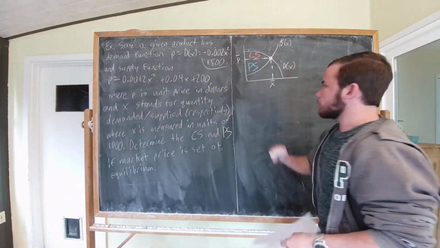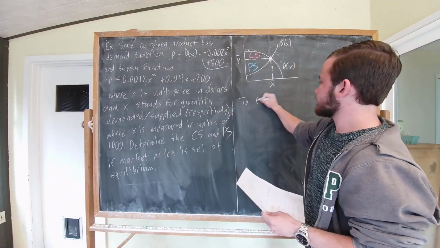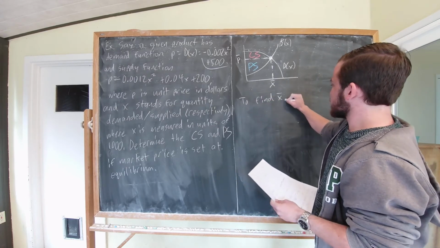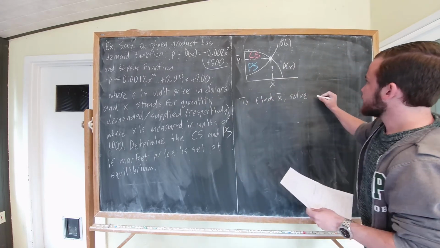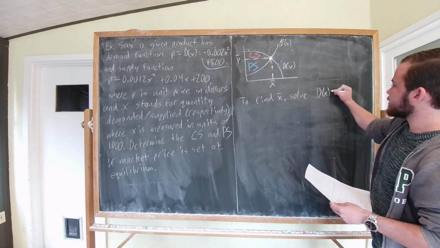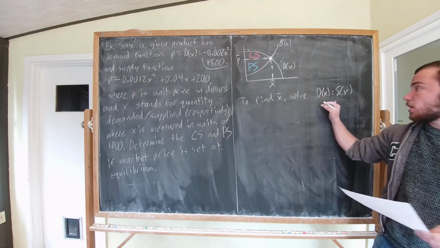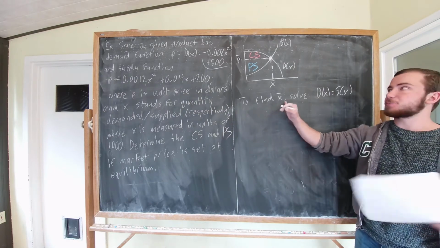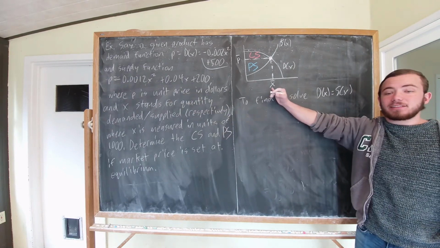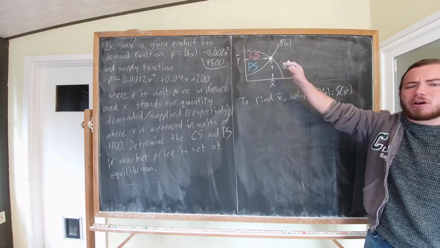Alright, so to find X bar, we solve D of X equal to S of X. The only reason we solve this equation when finding X bar is because P bar is equilibrium.